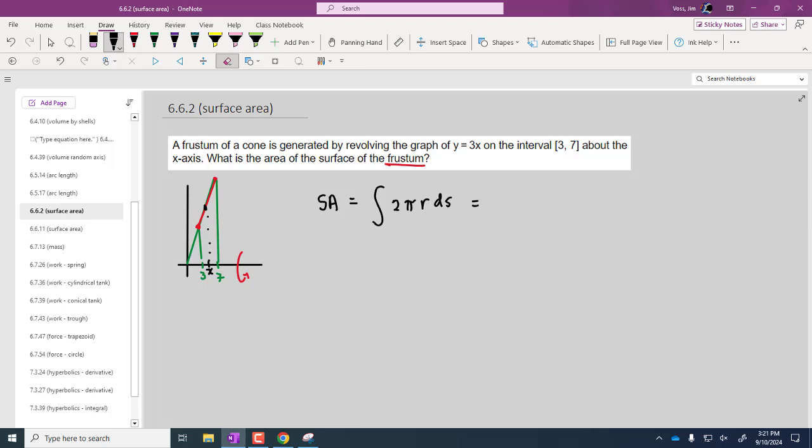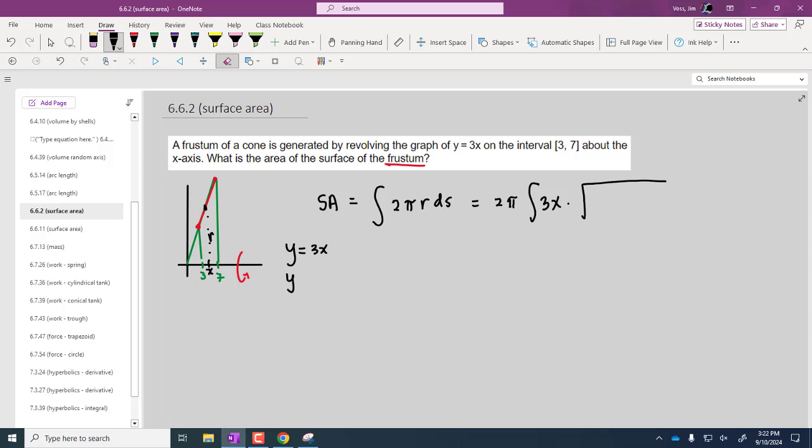All right, so then we pull out the 2 pi, and what is the radius? 3x. The radius is the function, 3x. Radius is the distance up to that red curve, so that's going to be 3 times x. And then ds, once again, is the square root of 1 plus the derivative squared. So we have y equals 3x.